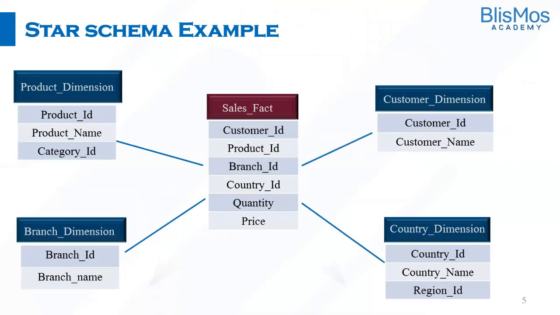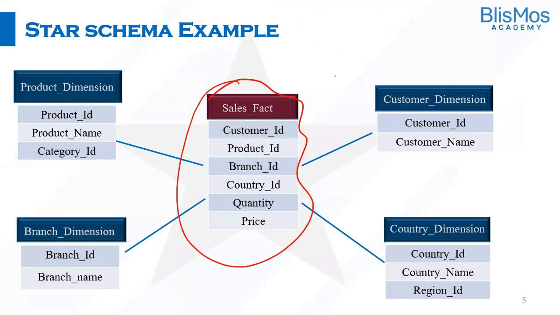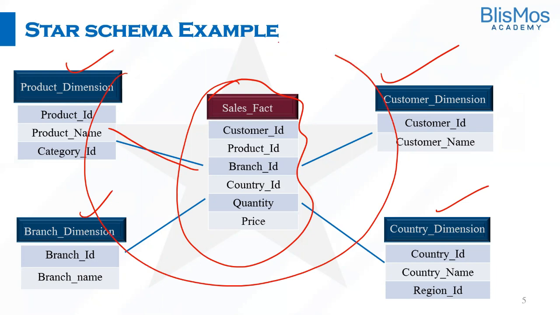Let's take an example. If you look at this wonderful example, we have a sales fact table in the center and dimension tables like product dimension, customer dimension, country dimension, and brand dimension around the fact table, which looks like a star. Here, each of the dimension tables has a direct connection to the fact table.